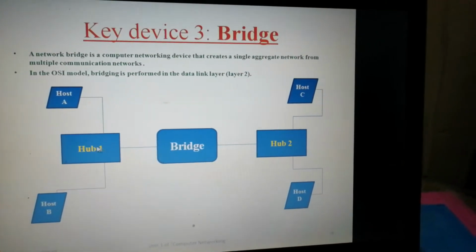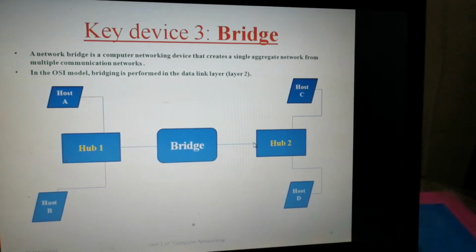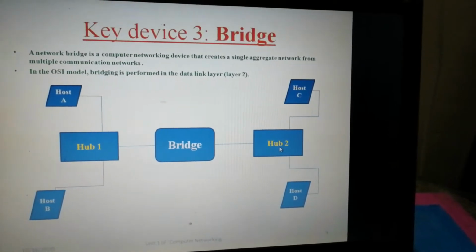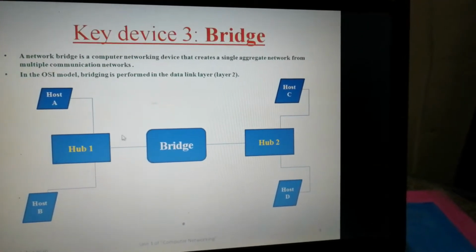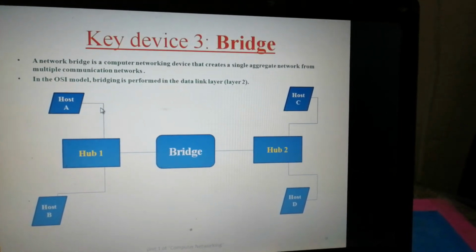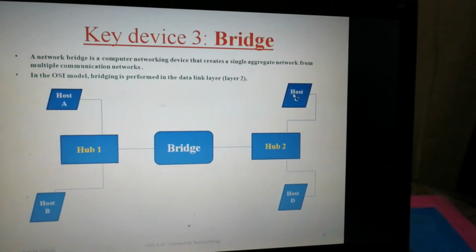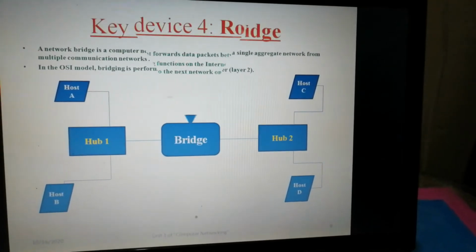Here we have provided the first key device, named as hub 1 and here it is named as hub 2. These are 2 different networks and these are just connected by a bridge. Fine. These are host A, host B, and here host C and host D, just to differentiate.